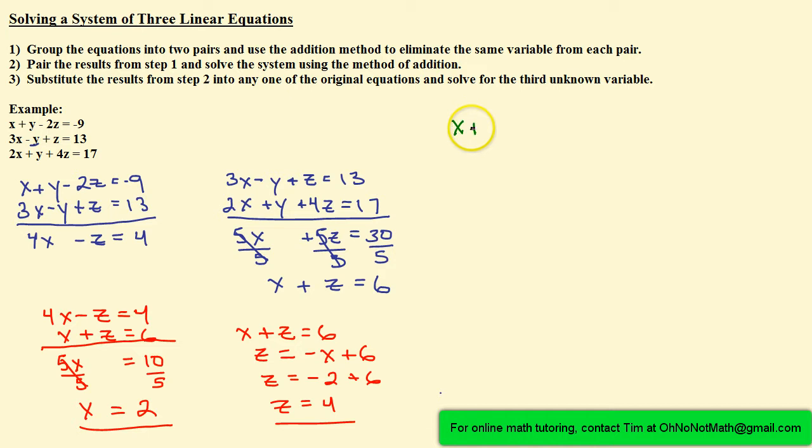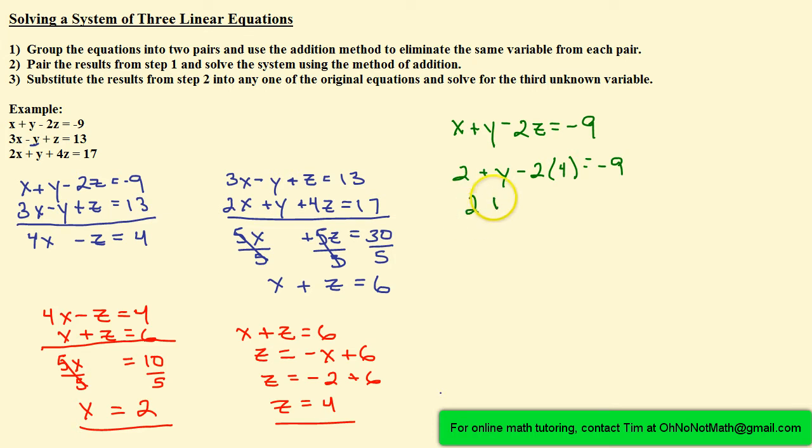Okay, so let me take x plus y minus 2z equals negative 9, and plug in x equals 2 and z equals 4. So for x, I plug in 2 plus y minus 2 times, for z, I plug in 4, equals negative 9.